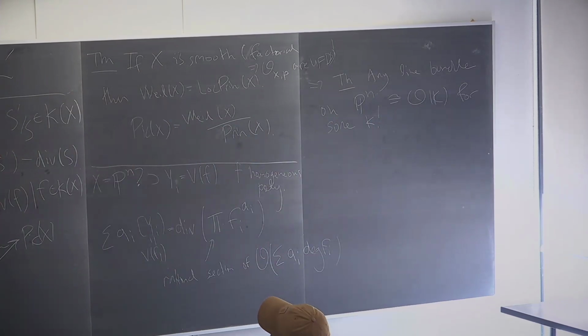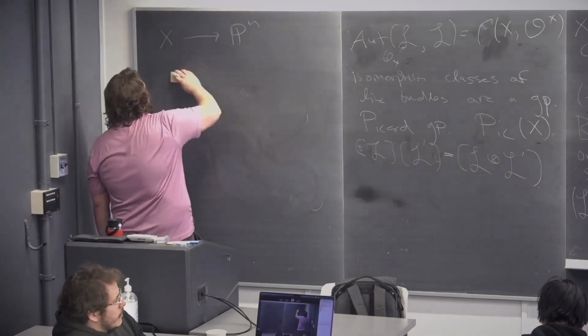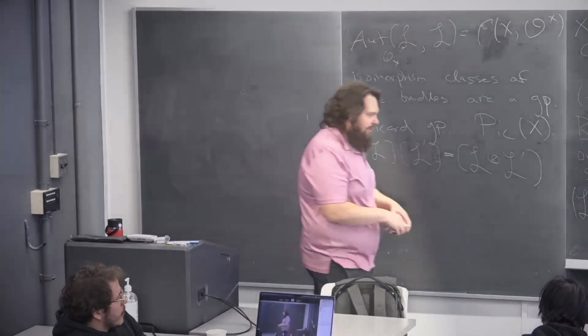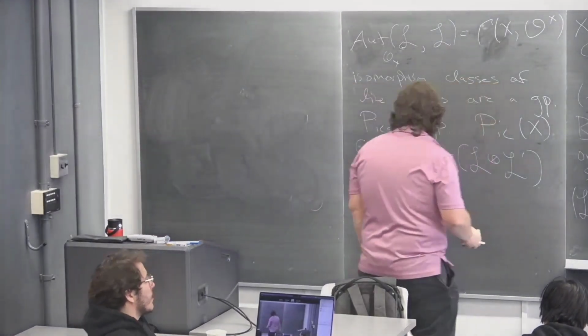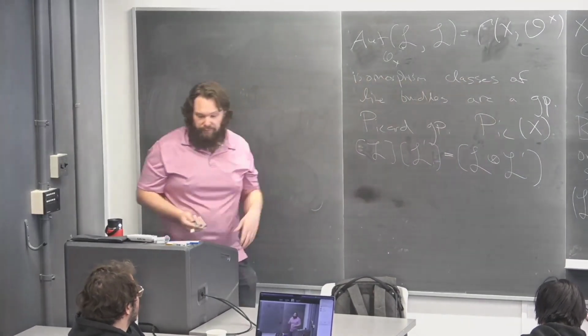So if you think about this line bundle as an honest complex line bundle in the smooth category, then the Chern class that you get by integrating the curvature is still telling you what this sum of degrees is, telling you what line bundle you are. But there are other situations where it loses information.